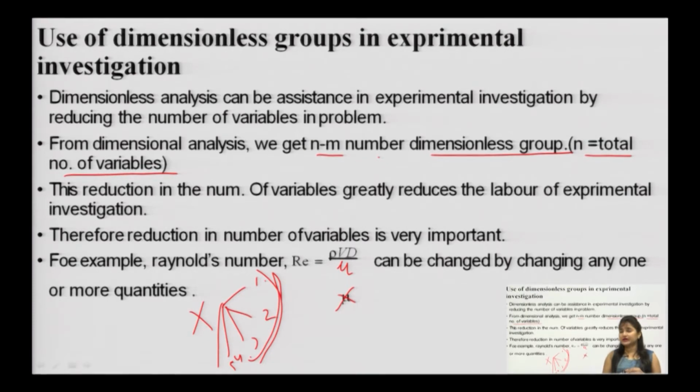Reduction in variables is very important because it gives a clear study, keeps the study intact, and you do not get mixed up with n number of variables while studying the same thing.